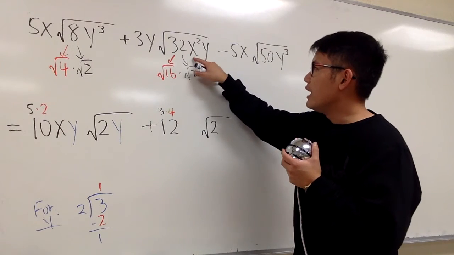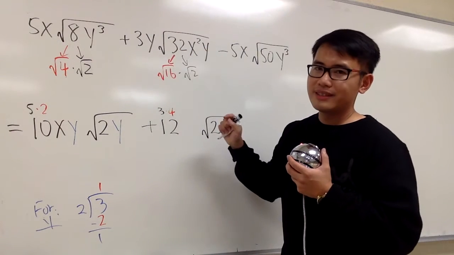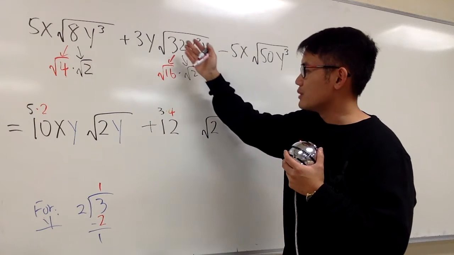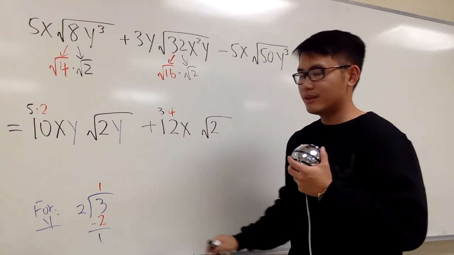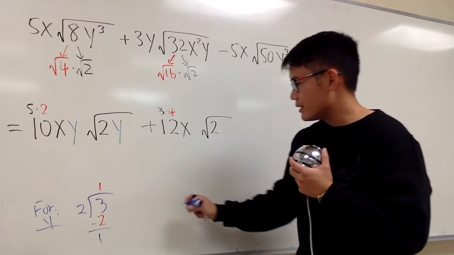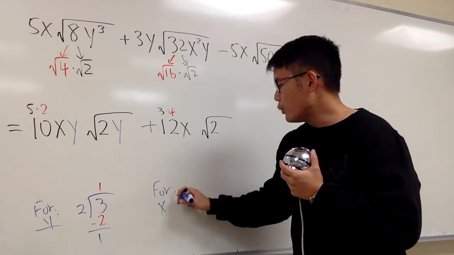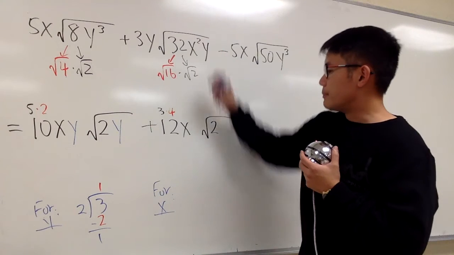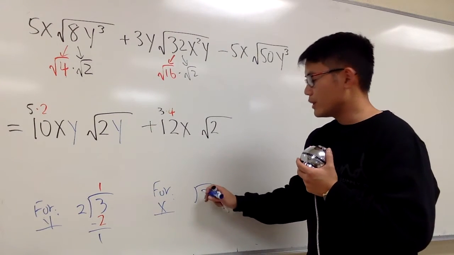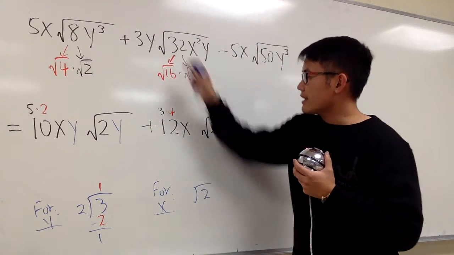Because we have the x squared in the square root, that means I have x to the first power on the outside. How do I know? Let me show you. Well, for the x right here, all we have to do is, this is the power 2, and then we have to divide it by the index 2.